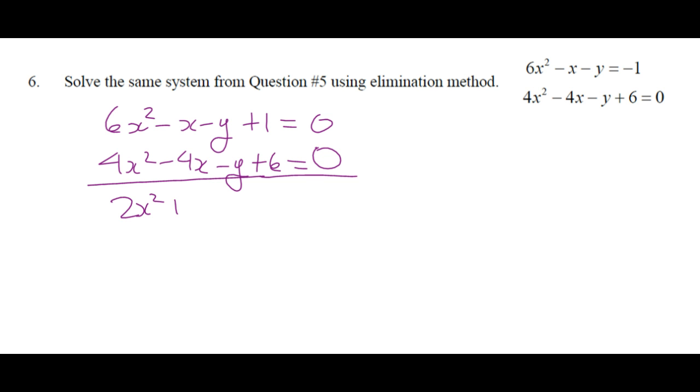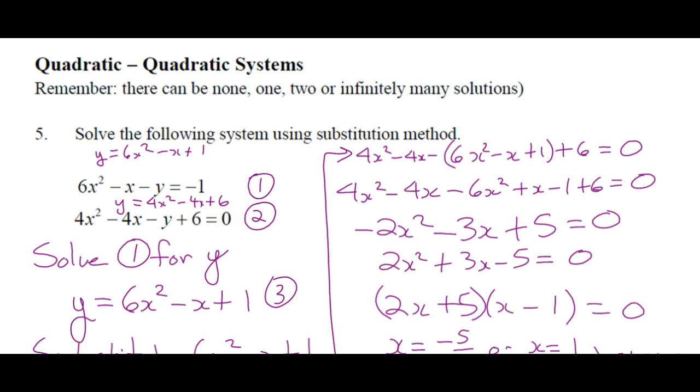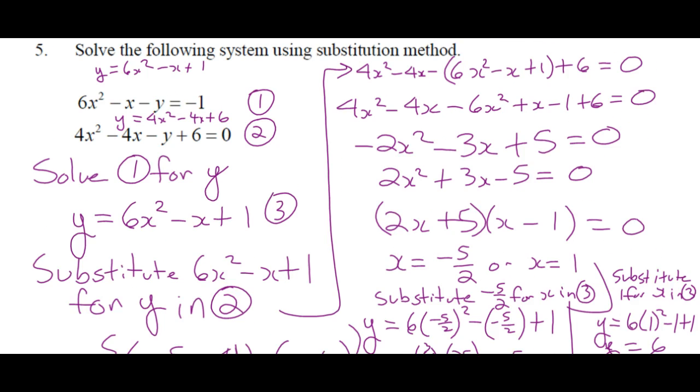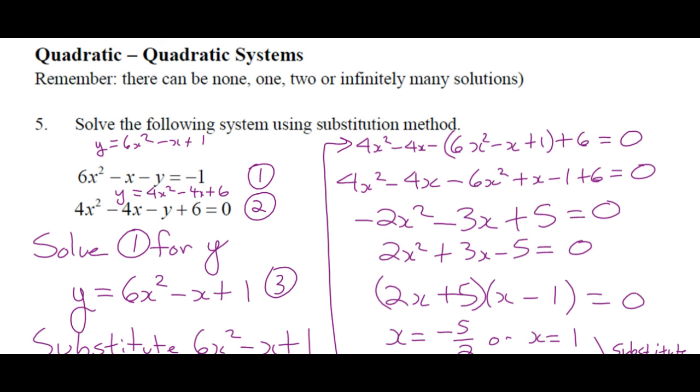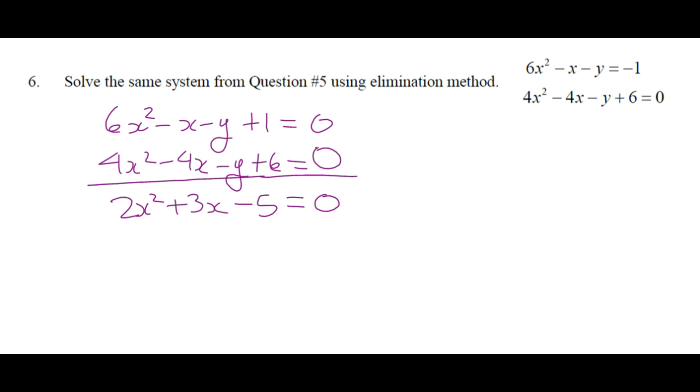Plus 3x. Negative y minus negative y is 0. 1 minus 6 is negative 5, and that's equal to 0. Is that 2x squared plus 3x minus 5? Yeah. Okay, so then the solution is the same. So you can just draw an arrow and say, look down here, and I'll just say, see previous page.